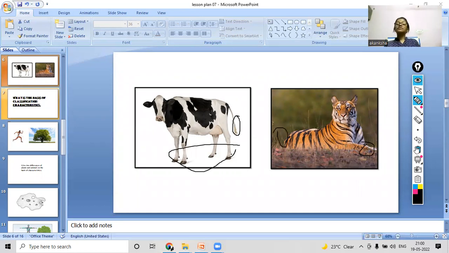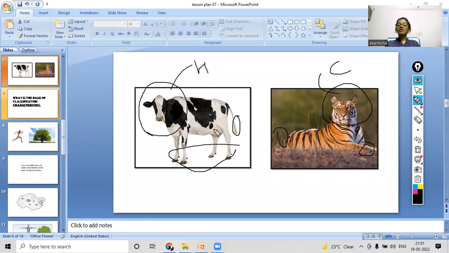So now we will talk about the differences. What are the differences both of them are having? Like cow is a vegetarian animal, right? Whereas herbivore animal we can say, and the tiger is which kind of organism? It is carnivore, right? It is herbivore and it is carnivore. What else can you see?